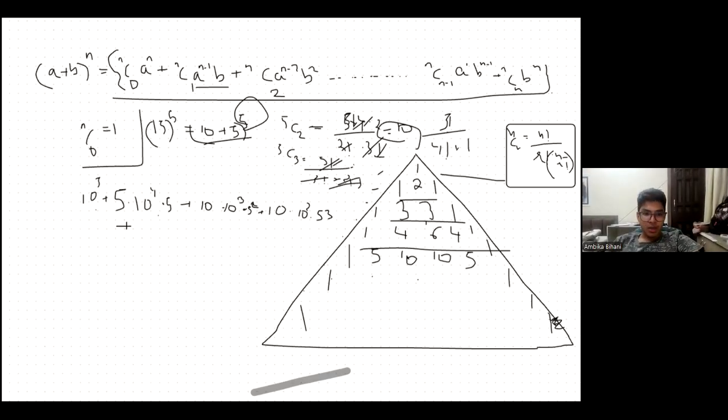So we are left with two terms now, which is 5. Okay, so we have got 5 as a coefficient, and the power of 10 will again decrease. So it will be just 10 into 5 whole power 4.